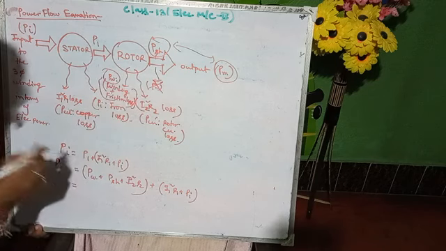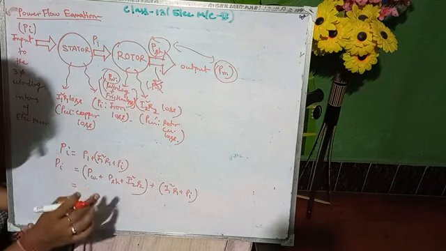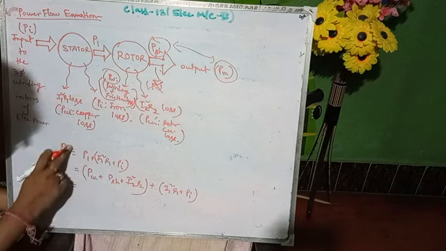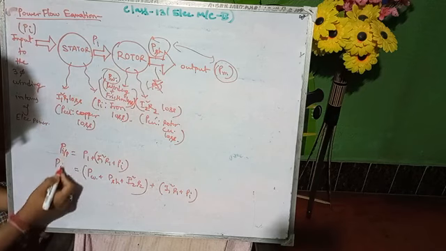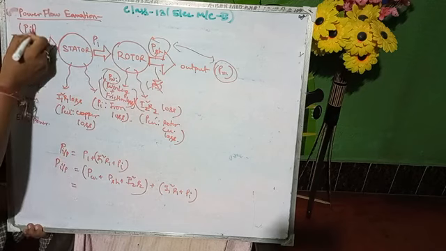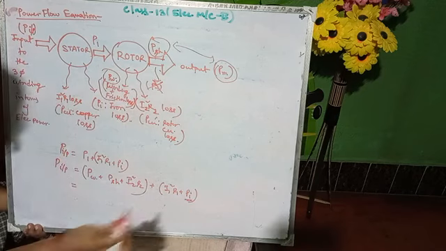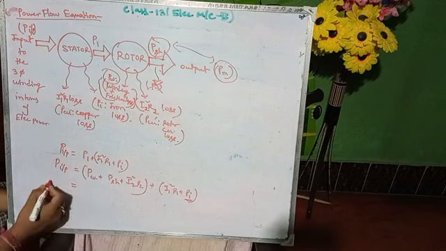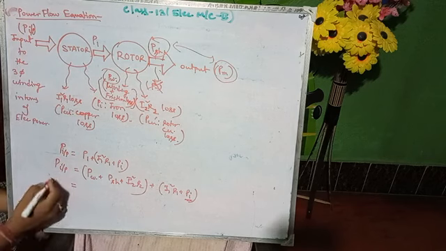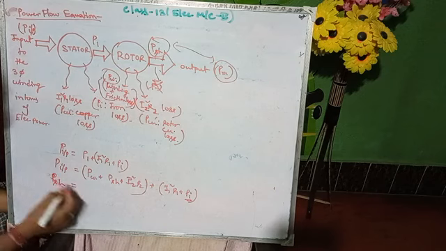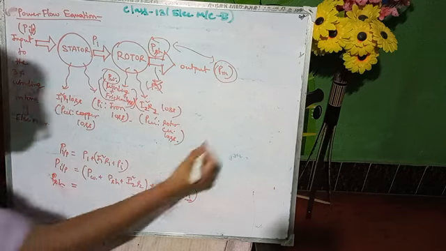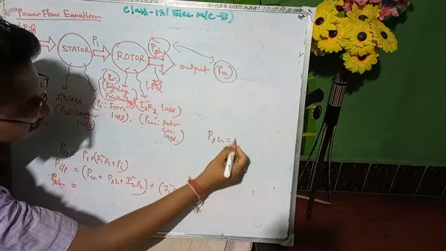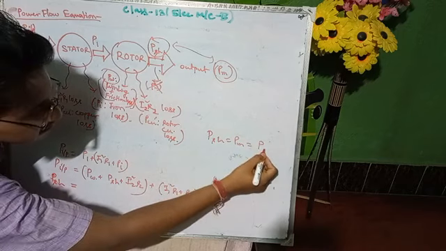Suppose we call the input power PIP, so make it PIP because PI is already used for iron loss. The shaft power is the output power, so PSH can also be written as PM, which is also written as P output.